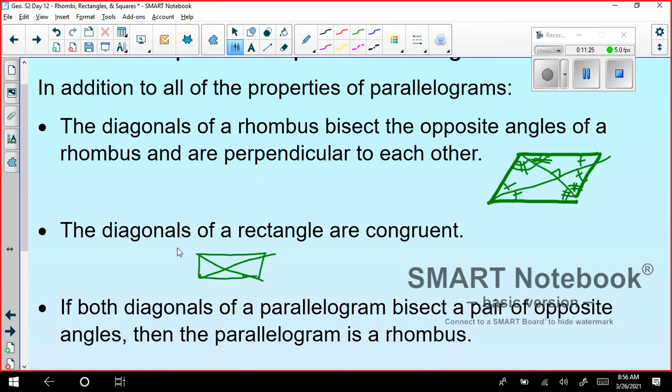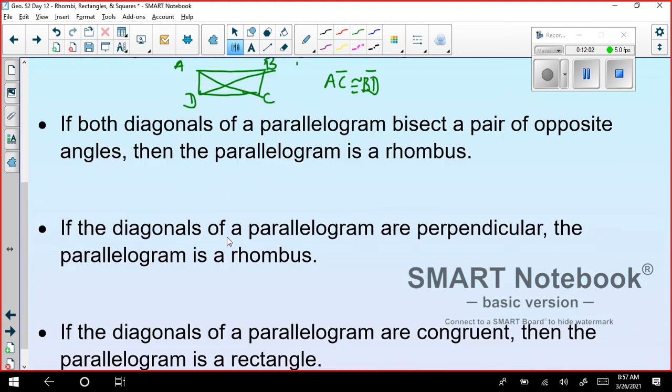For example, if this is my A, B, C, D, it says that AC is congruent to BD. That's what this particular property says. We had diagonals bisect each other in case of any of these, because all of these are parallelograms. But the special property of a rectangle is that the diagonals are congruent.